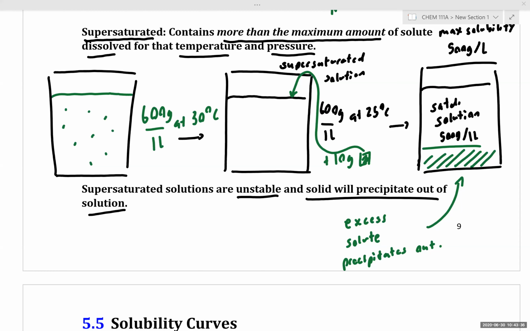You can only dissolve solute up to the solubility limit for that temperature and pressure, assuming you're keeping your temperature and pressure constant. Yep, your statement in the chat is exactly right. Did that address your question? Perfect.